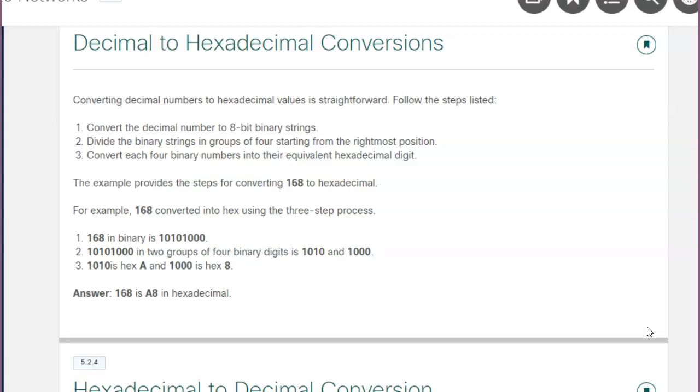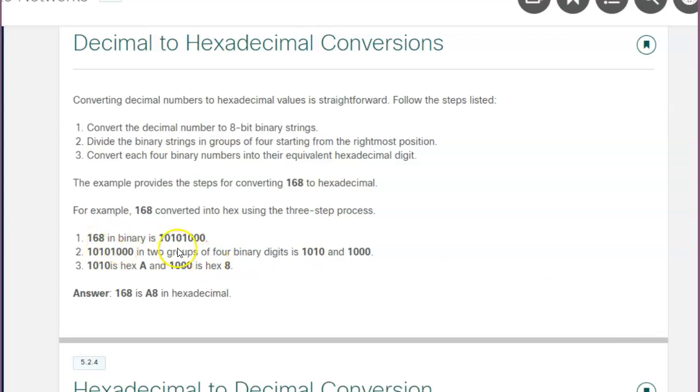Always remember, when you're converting, you start from the left. So convert this into binary and group it.